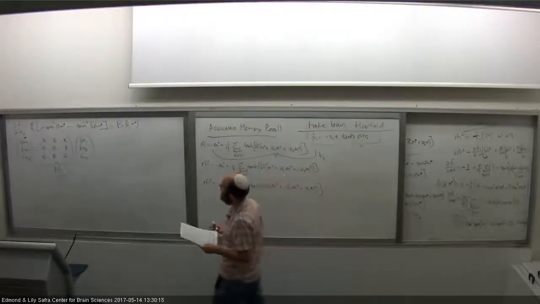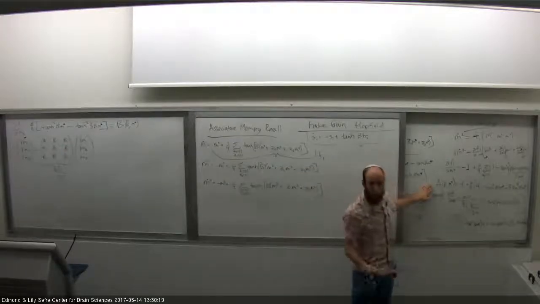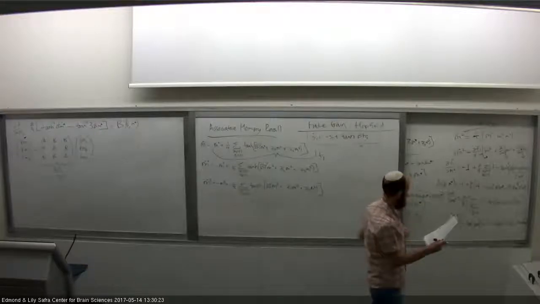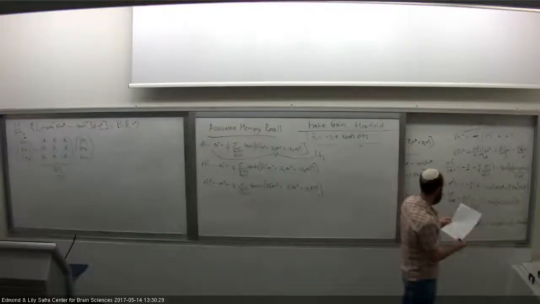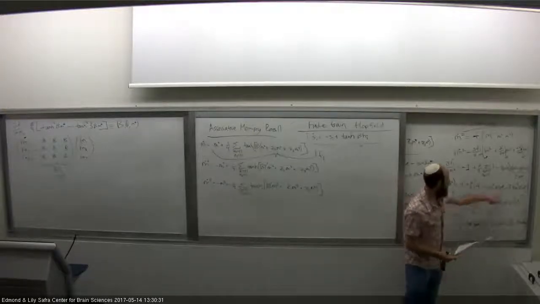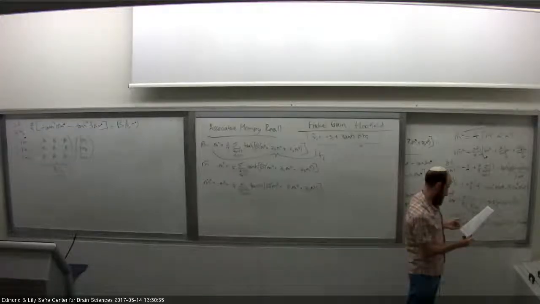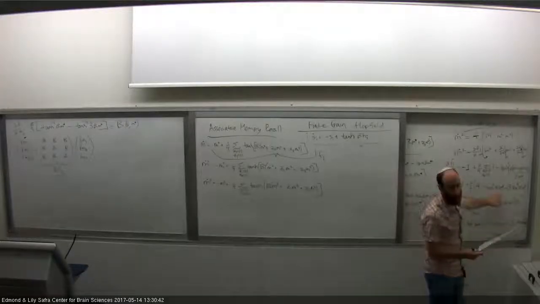Maybe I'll write it again. So what happens to a in the limit where beta goes to infinity? Let me check that actually, m star.